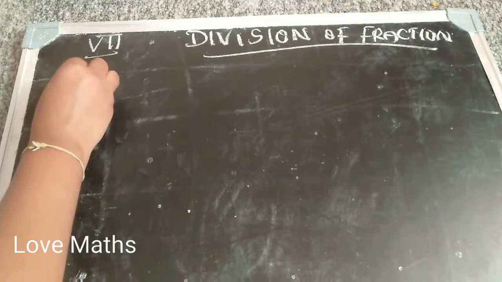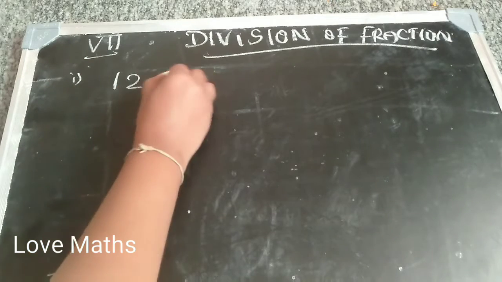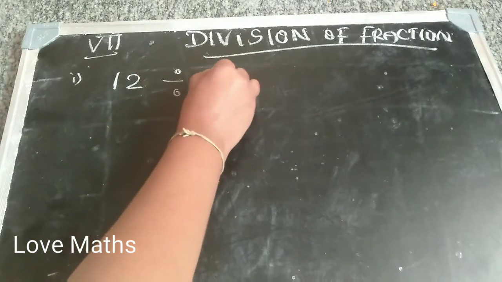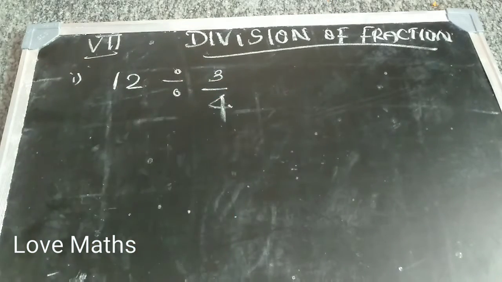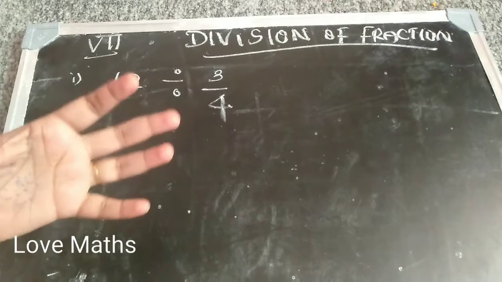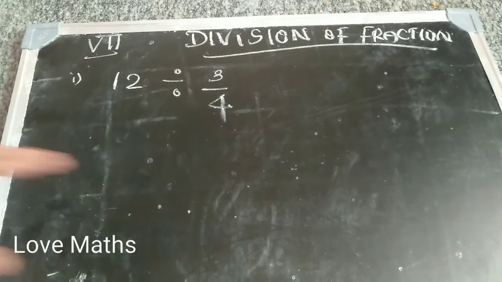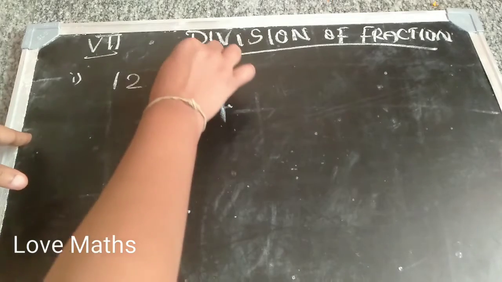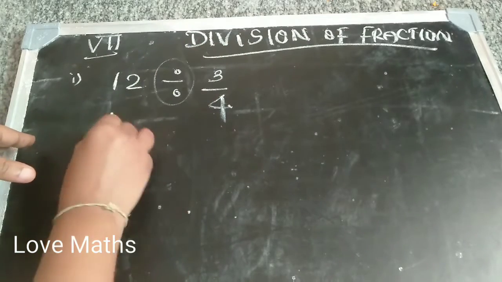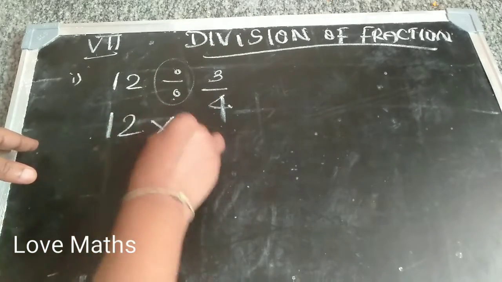For example, one sum is there: 12 divided by 3 by 4. Okay, first step, this division sign, you have to convert as multiplication, because we know multiplication and division are reciprocal. Multiplication's reciprocal is division. So in the first step I want to convert this division as multiplication.